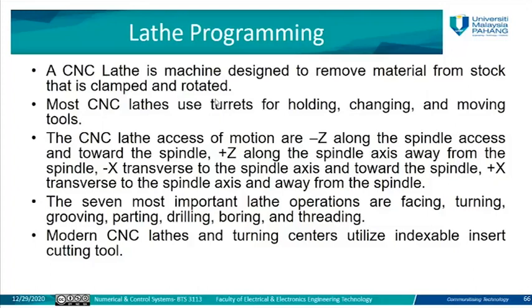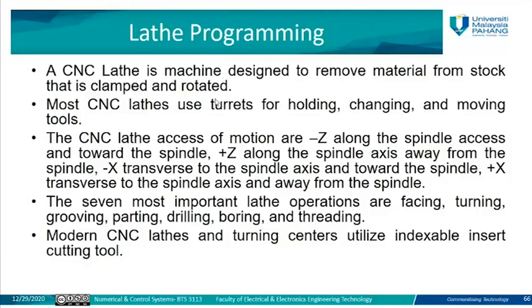In the lathe, the part will be fixed in the machine, and usually the part is a cylindrical shape, and the machine cutter or tool will go through while this part is rotating.